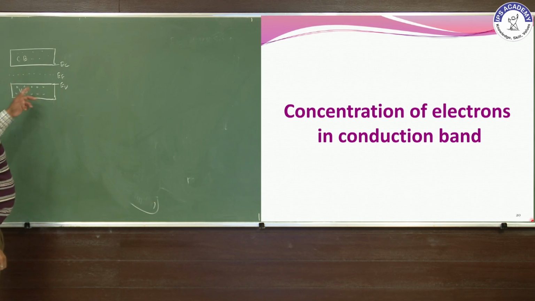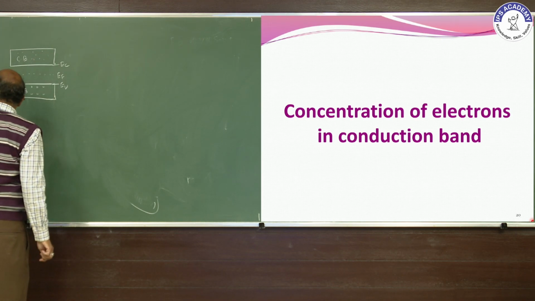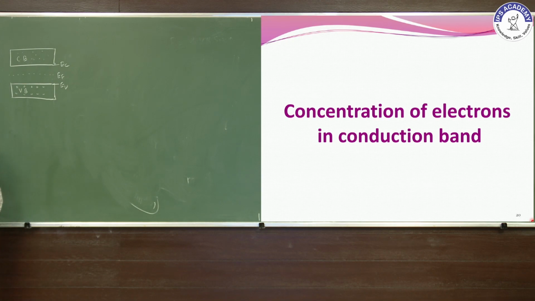Now if it is an n-type material, then the number of electrons will surely be greater than the number of holes.